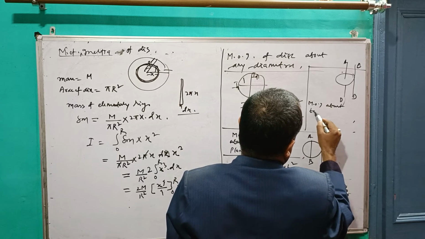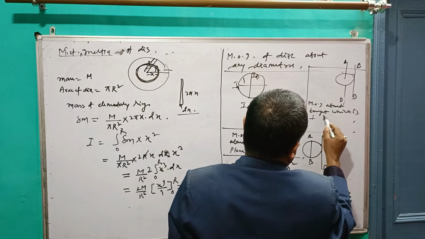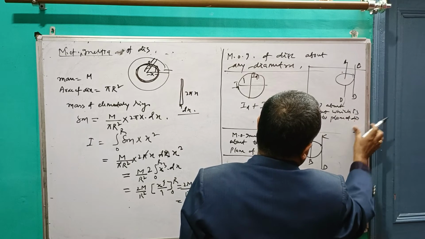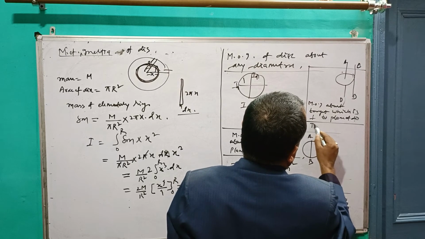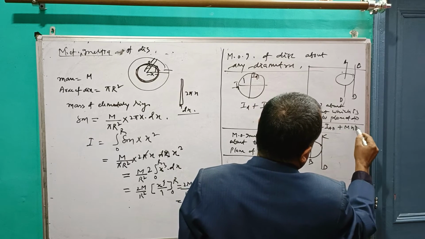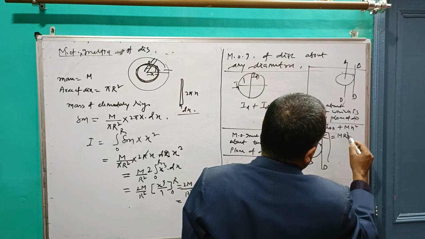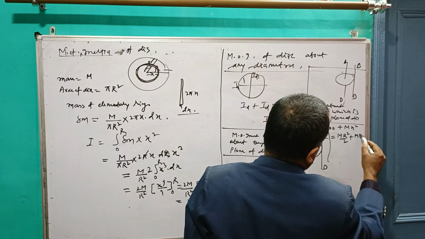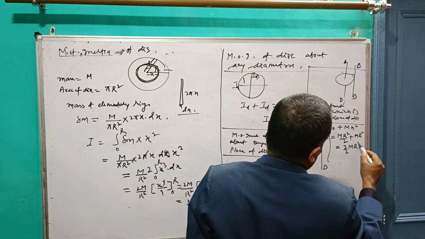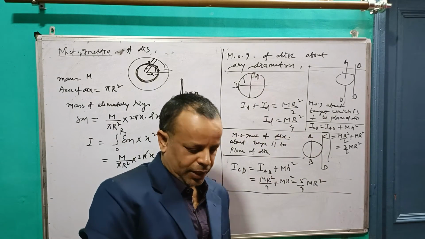In this case, the moment of inertia along the CD will be equivalent to the moment of inertia along the AB plus m h square. The moment of inertia about the center of mass is m r square by 2, plus m r square. So the moment of inertia is 3 by 2 m r square. This is the moment of inertia about a tangent which is perpendicular to the plane of disk.